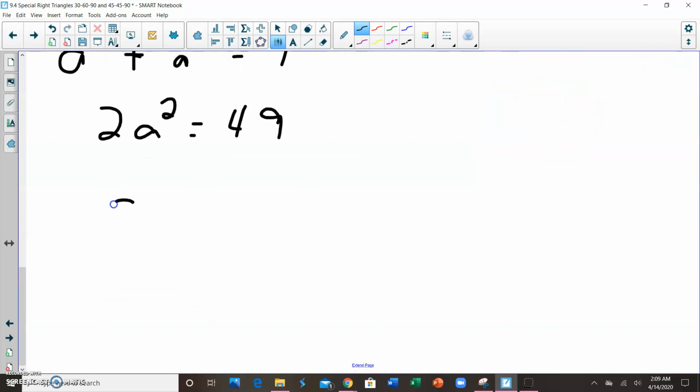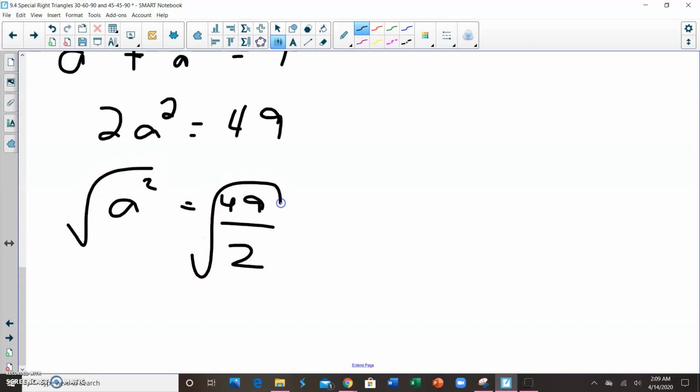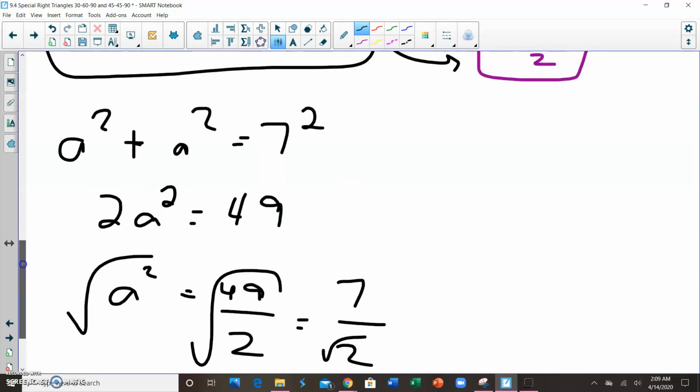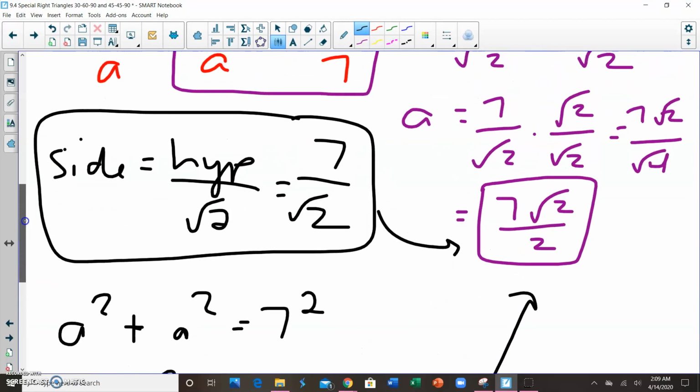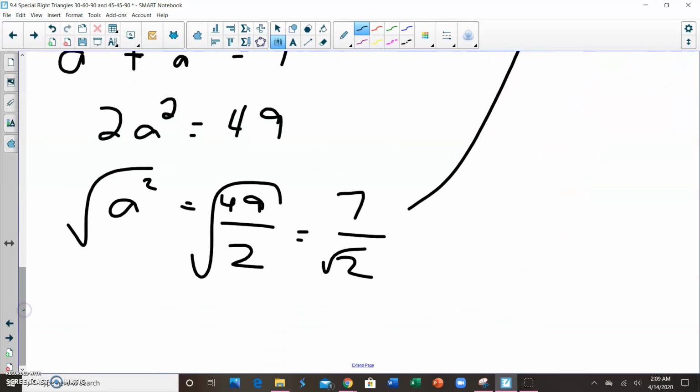And then A squared is equal to 49 divided by 2. And then you take the square root of both sides. So that's 7 divided by the square root of 2. And once again, when you multiply by root 2 over root 2, that will also be 7 square root of 2 over 2. So you can see there are 3 different ways to do the same problem.